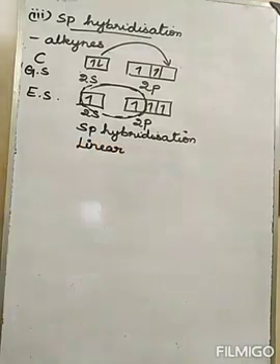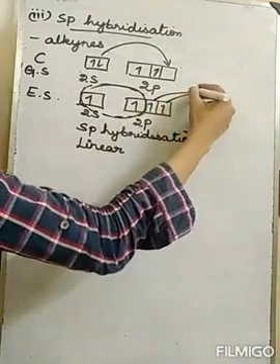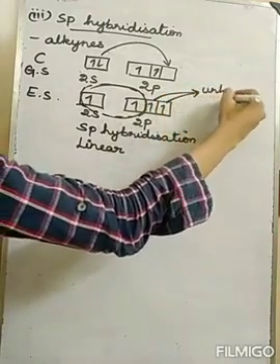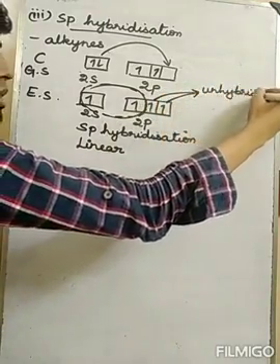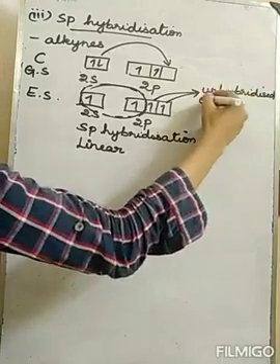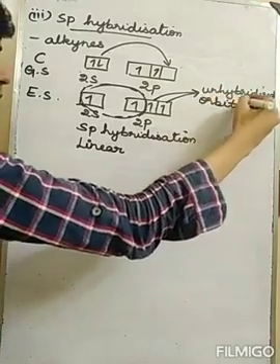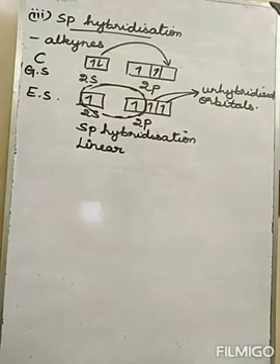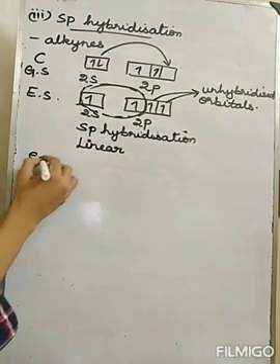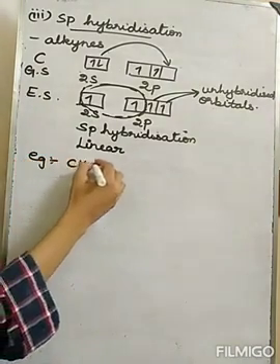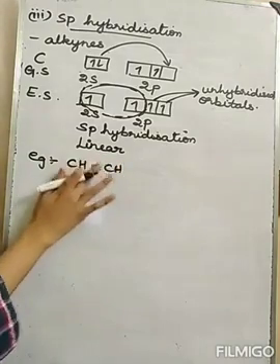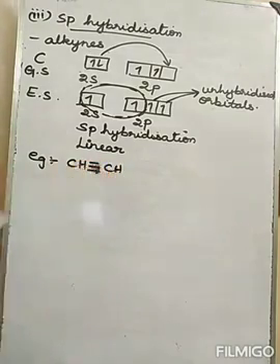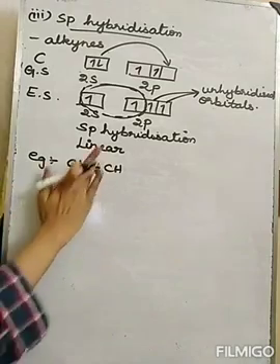And you have two unhybridized orbitals. Understood? So for example, I can take ethyne, CH triple bond CH. So it has a triple bond.